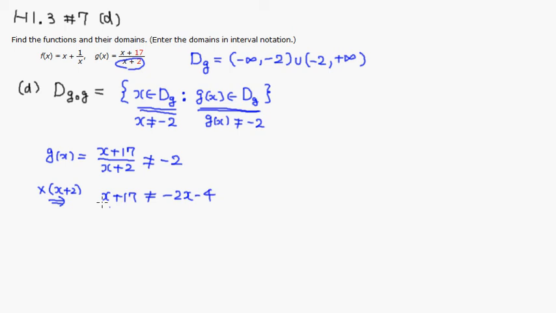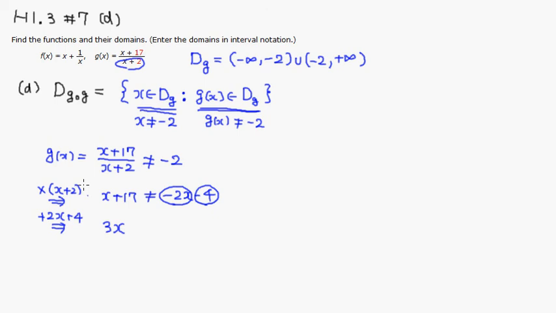Then we can add, let's say, since I want to move this, I'm going to add 2x to both sides.